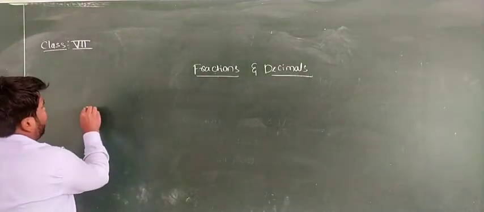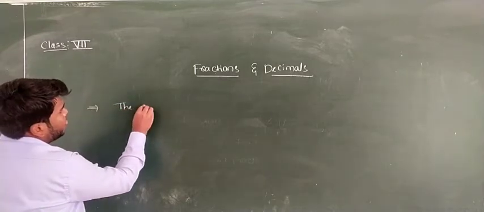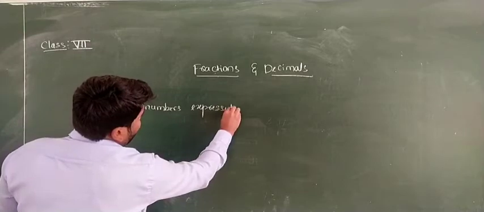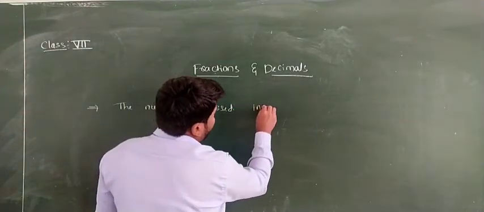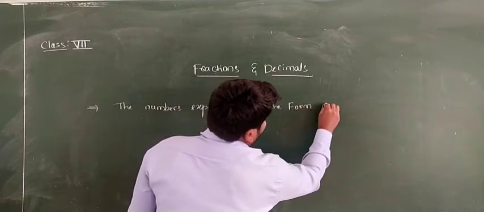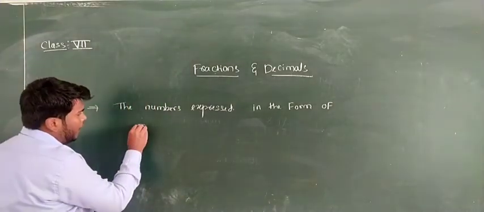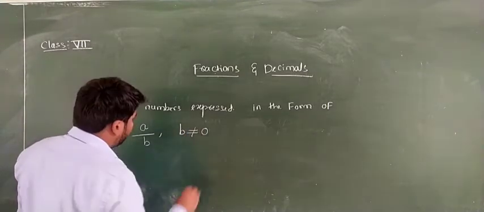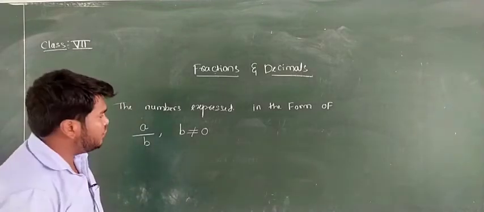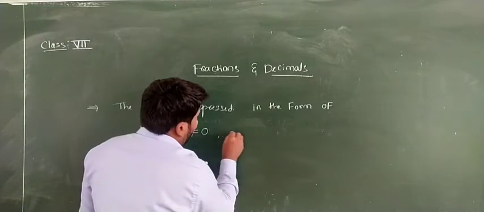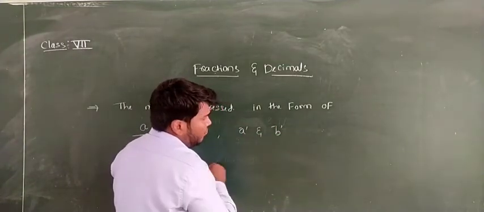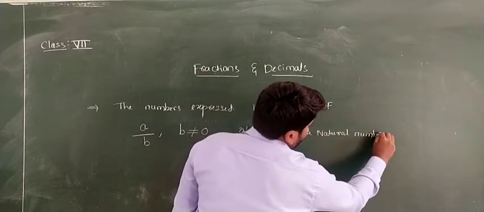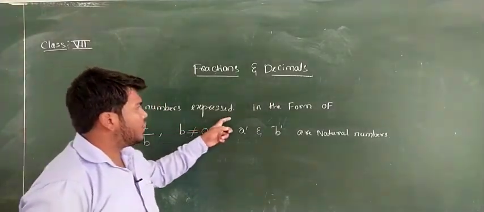The definition of fraction says: the numbers expressed in the form of a by b, where b is not equal to 0, and a and b are natural numbers.